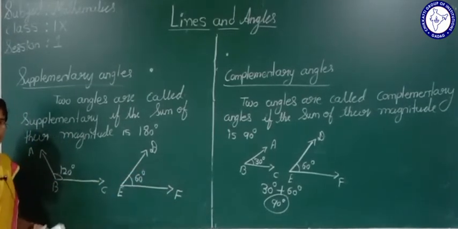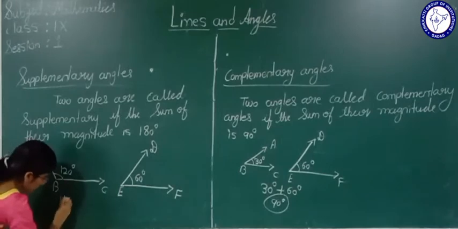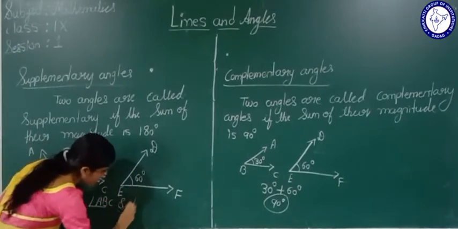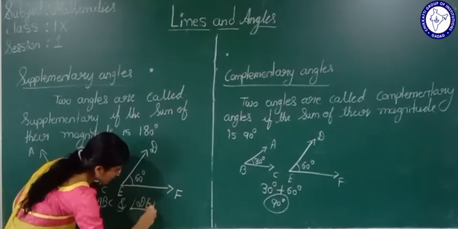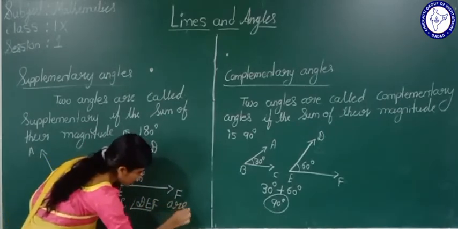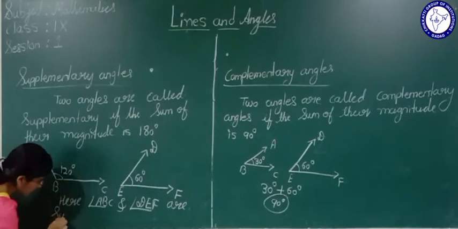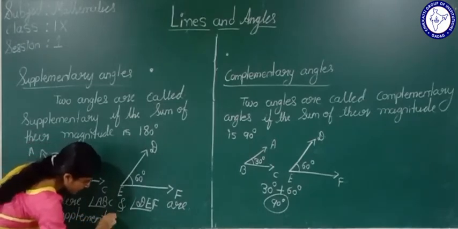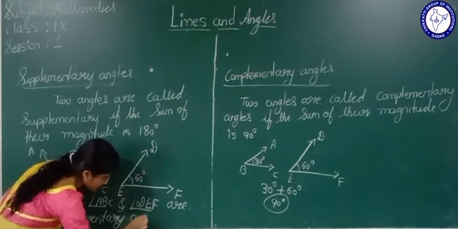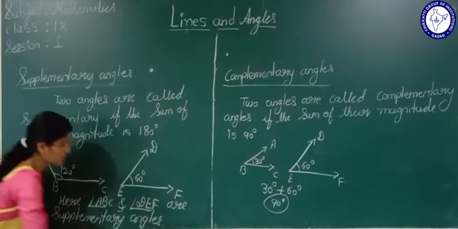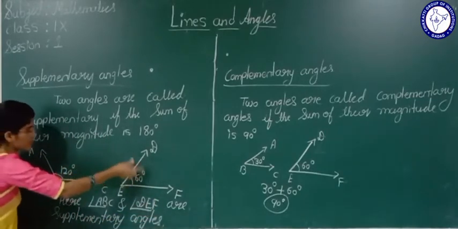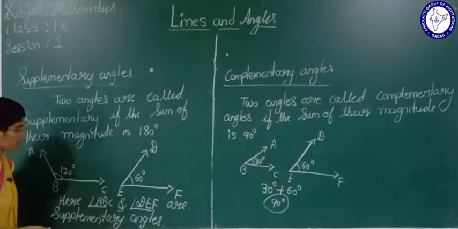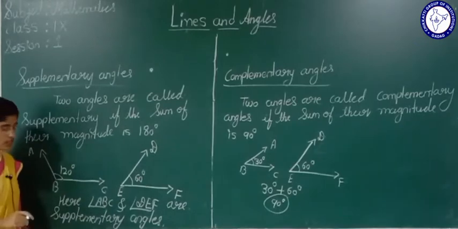It is 180 degree. Here angle ABC and angle DEF are supplementary angles. Yes or no? Are supplementary angles. Why? Because 120 degree plus 60 degree is 180 degree. The sum of their magnitude is 180 degree.